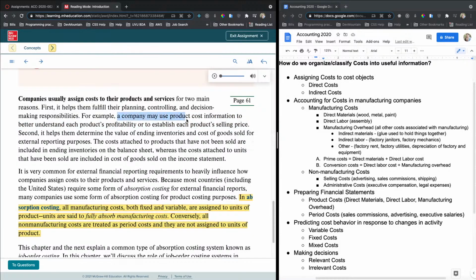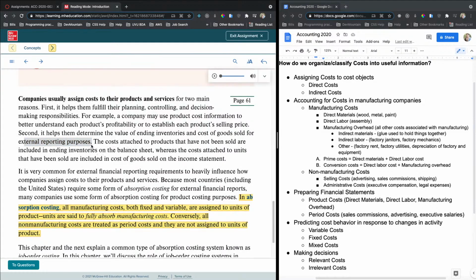Exactly what I was saying. That's important, like finding what product is doing better. Which product should you push for more? Which one makes you more money? And then how much can you affect that cost?